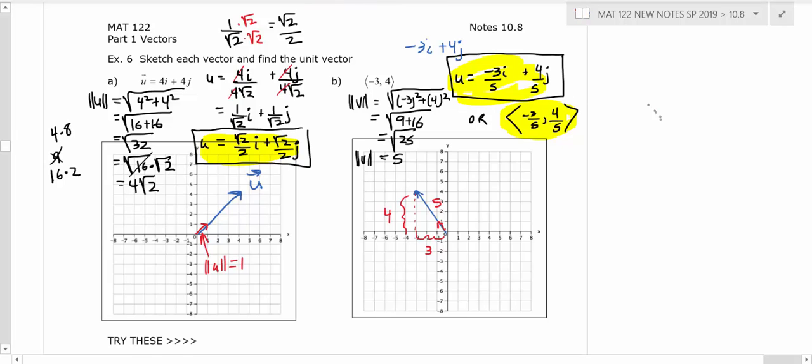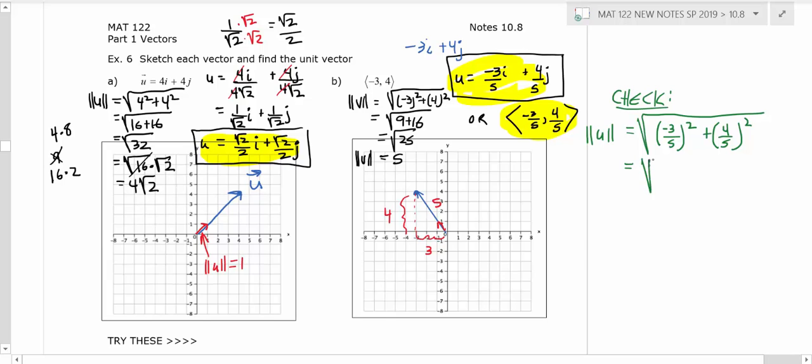Now, just for fun, I'm going to check the answer. I'm going to do this a couple of times on these problems, just to show you. If you wanted to check your answer, you would do the magnitude of the unit vector you just did. This is a good exercise for students to do. You take the first term and square it, and then take the second term and square that, and this should turn out to be 1, so let's verify that.